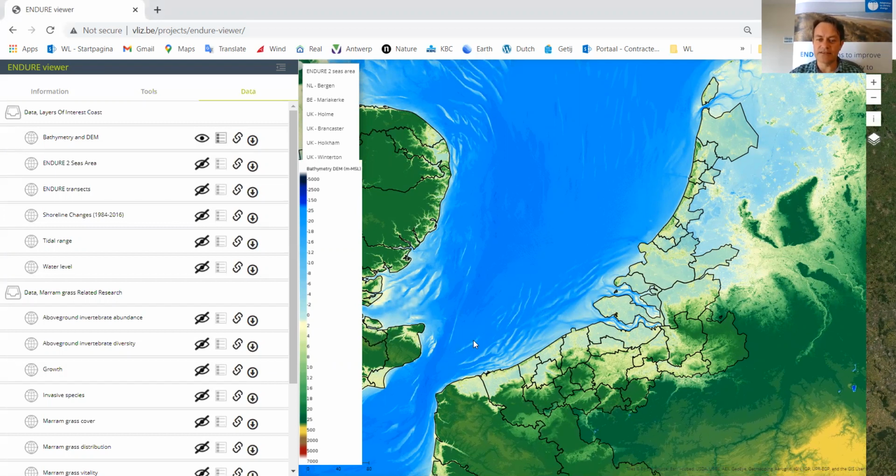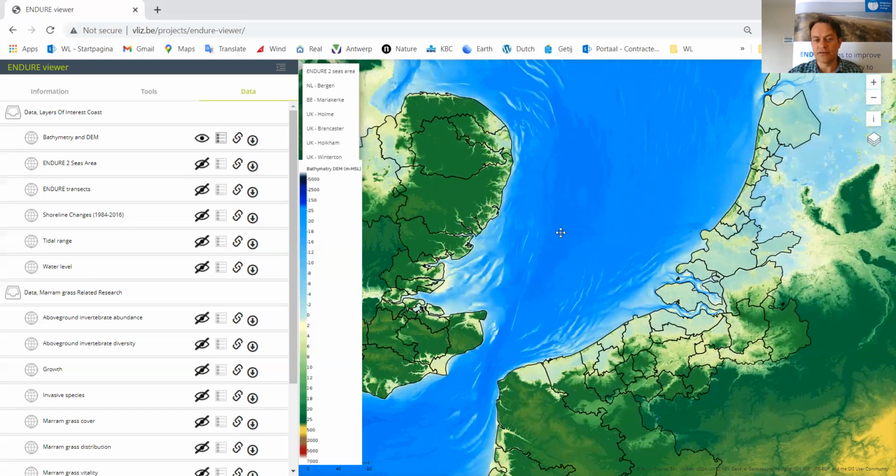Namely, these sandbanks, they are much more developed in front of the Belgian coast and less developed in front of the Dutch coast. Obviously, this kind of configuration of the shelf will influence a lot the development of the coastal system on the long term by influencing the wave climate and the sand supply and other things. So this global view, it's always interesting to look.